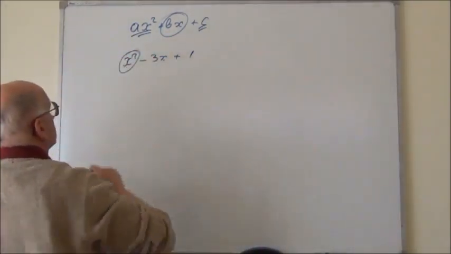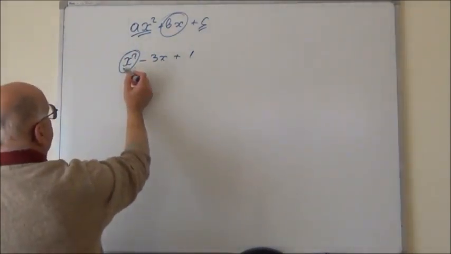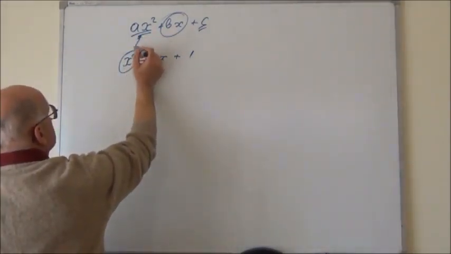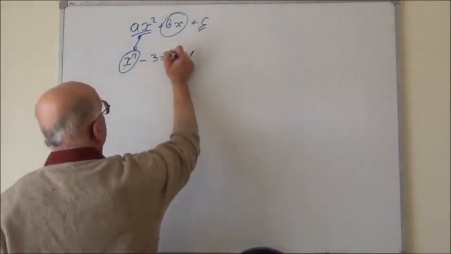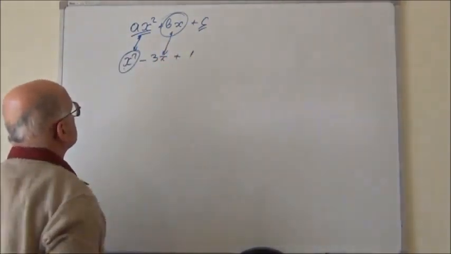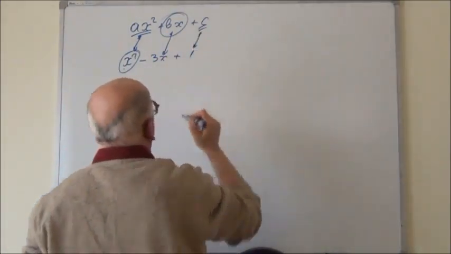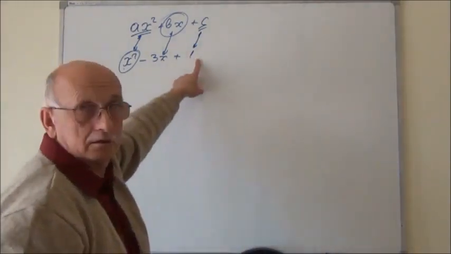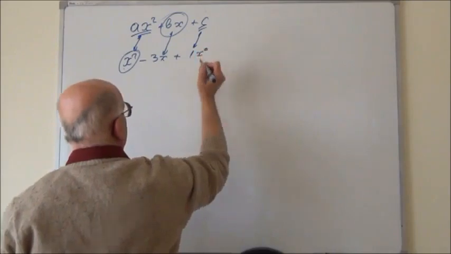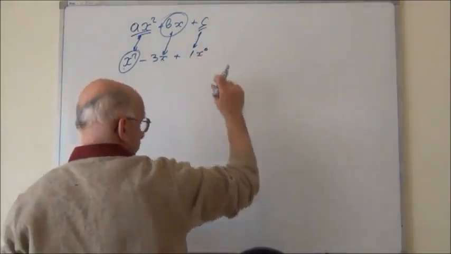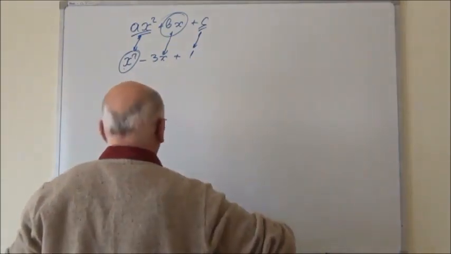Because the term with power 2 is first, like in this formula here. Then the term with power 1 is in second place, and finally the term with power 0, because don't forget you can write x to the power 0, which is 1, so we don't need to write it, is the last one.